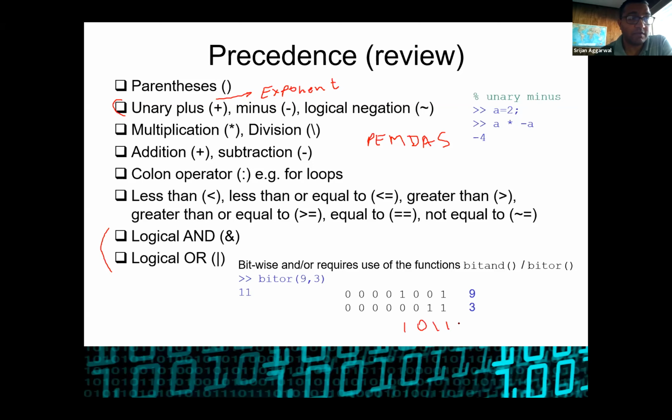And this would be equal to 2 to the power 3 plus 2 to the power 1 plus 2 to the power 0, which will be equal to 8 plus 2 plus 1 will be equal to 11. Right, so that's how you get this 11.